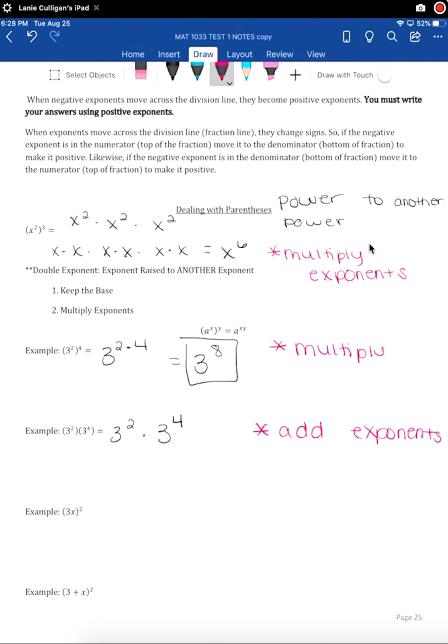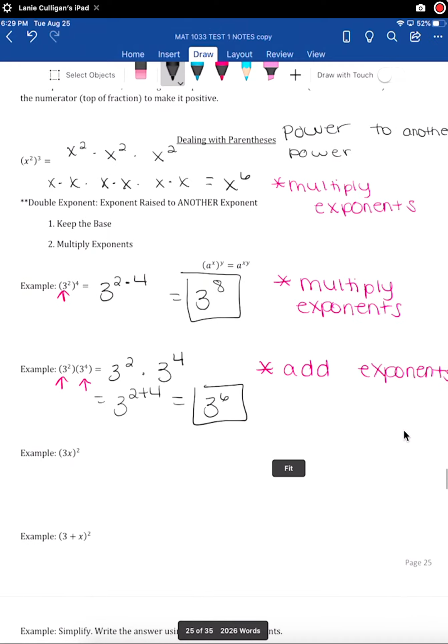We only had one base. Here we have two separate terms, two totally separate bases. We're combining like terms by adding the exponents. So we would get 3 to the power of 2 plus 4, which would give us 3 to the 6th.